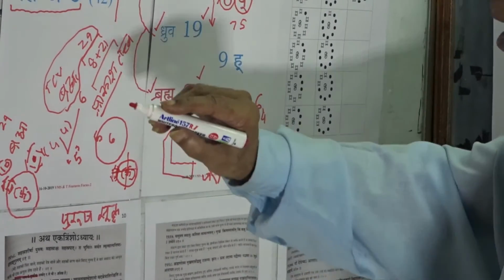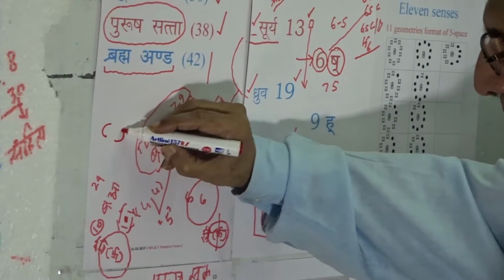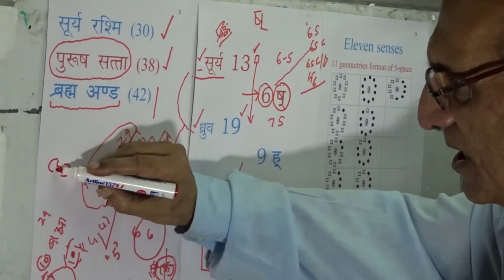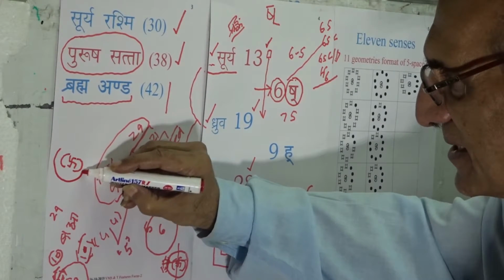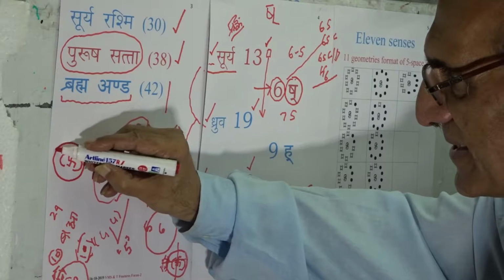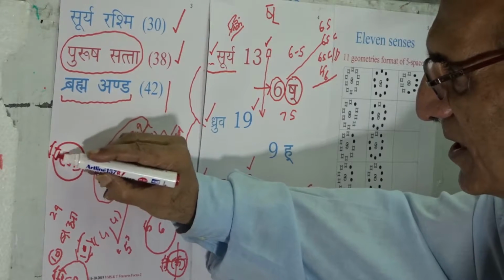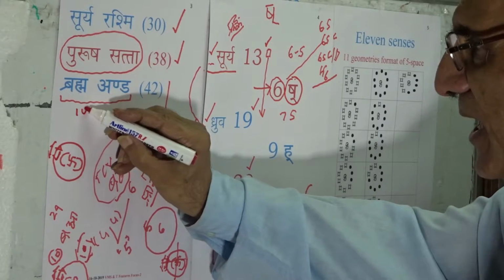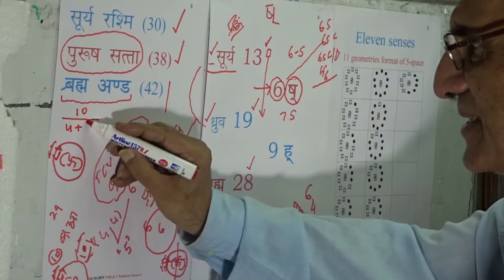So Purusha Satta is the format which is at the end going to provide us creative boundary of 10 components. We know value 10 is of organization 4 plus 6.